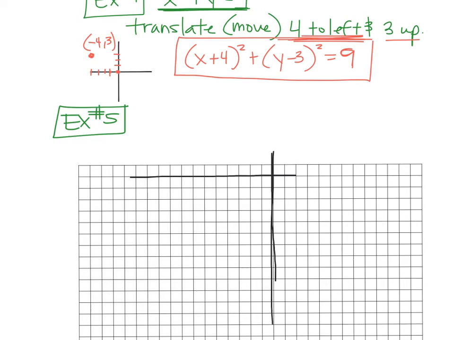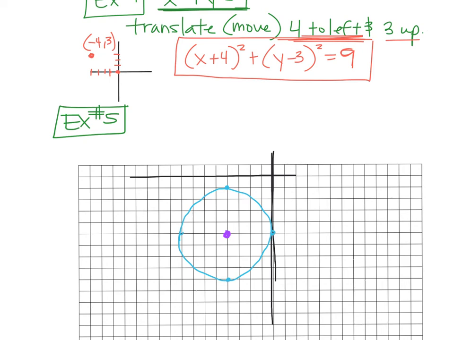Okay, so let's say we have a center right here. And then we're gonna do a point here, a point here, a point here, and a point here. Okay, so that's our circle. And we're trying to come up with an equation for that circle.